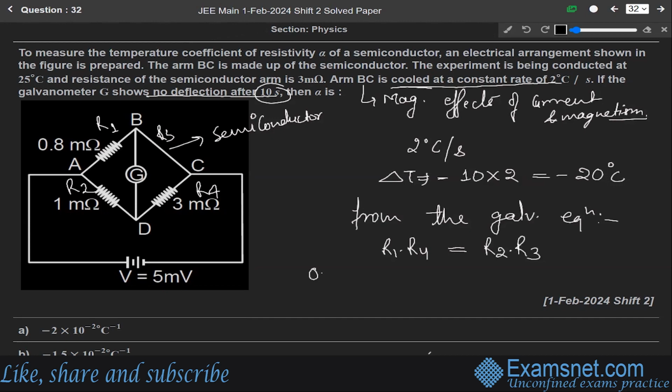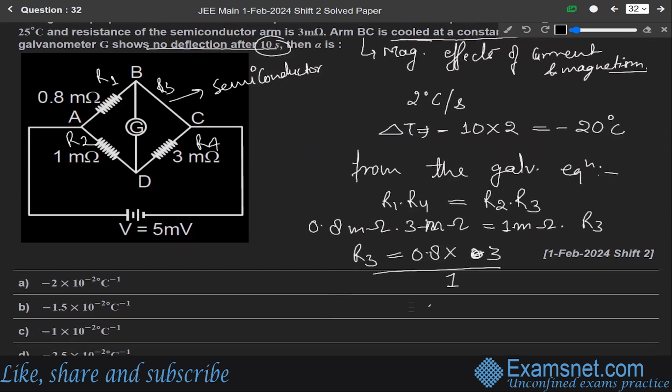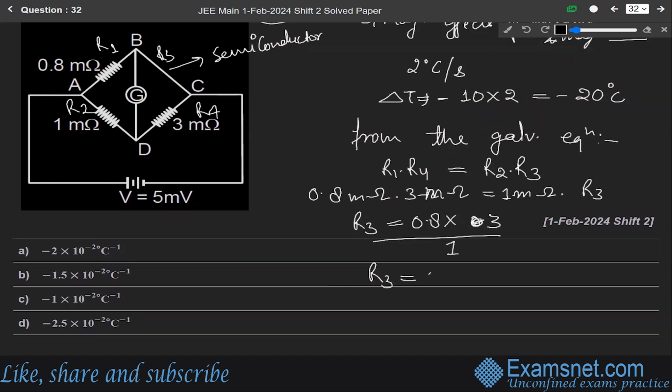R1 is 0.8 milliohm, R4 is 3 milliohm, and R2 is 1 milliohm, and R3 we will find. Solving this, R3 is equal to 0.8 into 3 over 1 milliohm. So solving it, we get R3 is equal to 2.4 milliohm.